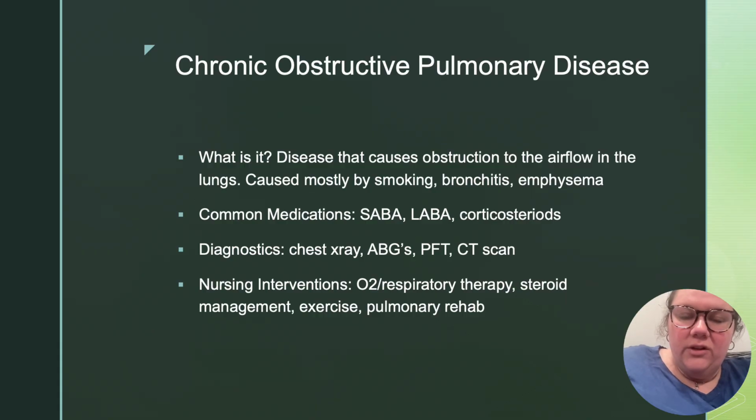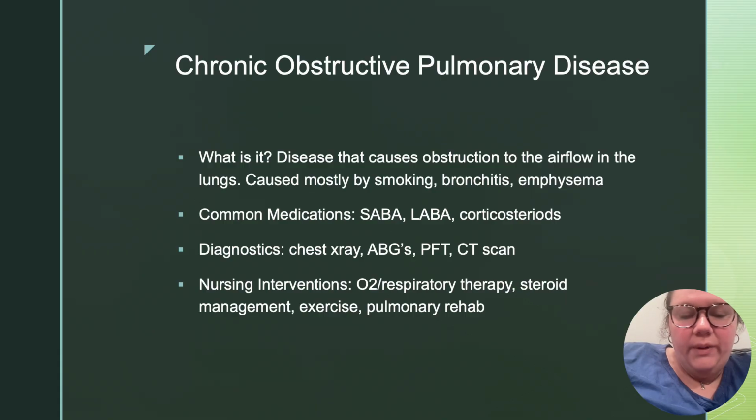So what do these patients look like when they are having exacerbation? They will complain of shortness of breath. These patients with advanced COPD will have something called barrel chest. They may have super thin extremities and a big chest.